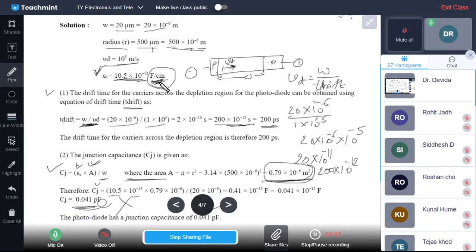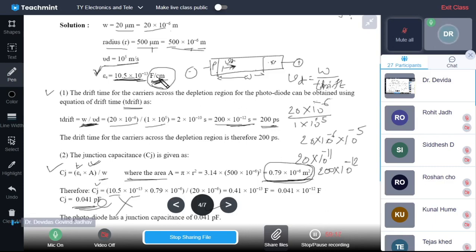Centimeter to meter is 100 times. So it will be 10.5 into 10 raised to minus 11 farad per meter. Centimeter is to be converted into meter, isn't it?